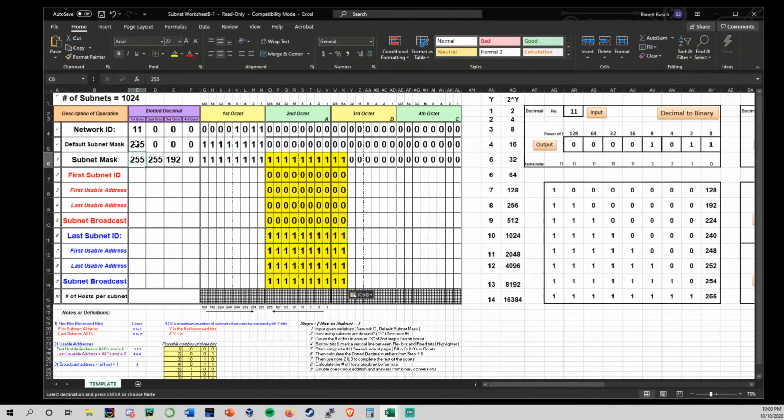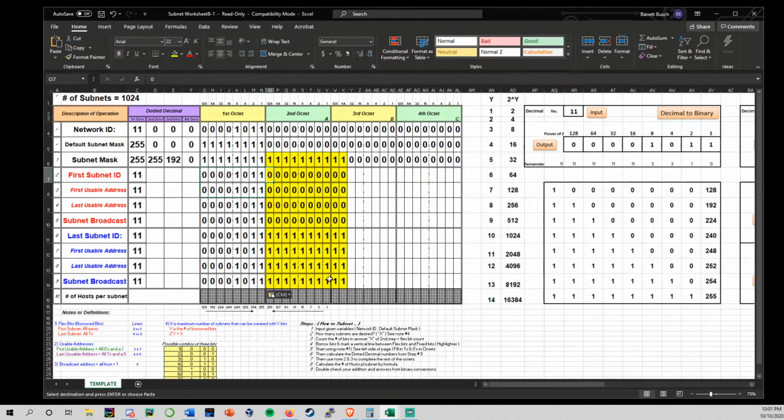Now remember, we know that this first octet is going to be static. So we can pull this 11 down. Go ahead and add this in. We know the binary for that from the first octet. I'm going to go ahead and copy and paste that. Hopefully you all get comfortable with the copy and paste. It'll definitely speed up the process of filling these in.